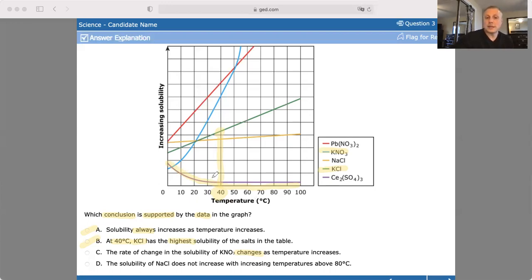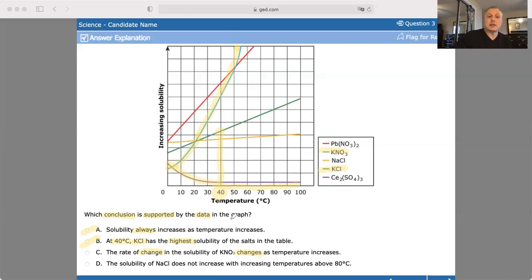So we said that basically this KNO3 is the blue one. We can see the blue one right here. And it does seem that it's a curve. There's a change. It's not staying straight. It's not cooperating with a linear form, like a set form. It's actually changing. So I like this answer.